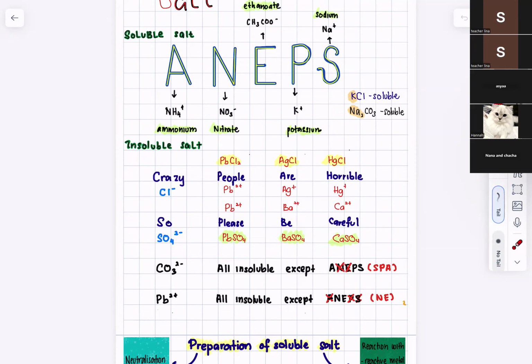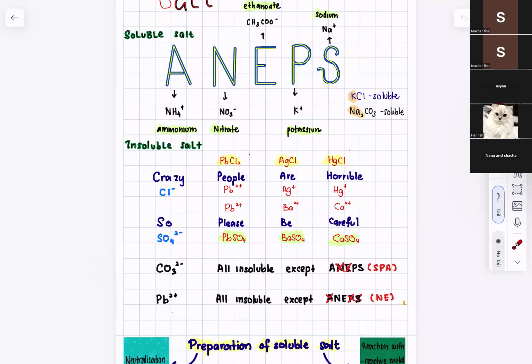Again. Sodium sulfate. Soluble or insoluble? What was the compound? Sodium sulfate. Soluble or insoluble? Soluble. Zinc carbonate.